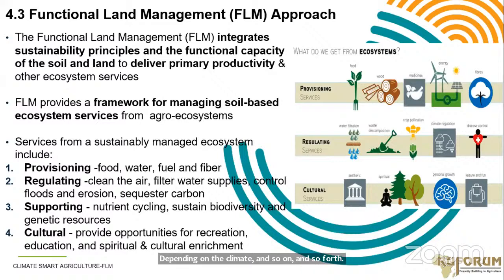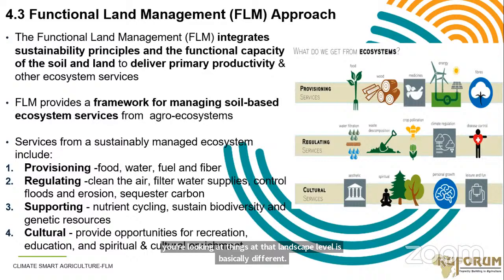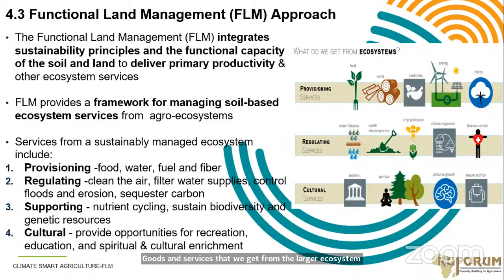So just to emphasize the bit on ecosystem services, what one is interested in when looking at things at the landscape level is the different goods and services that we get from the larger ecosystem, besides producing food at farm level. These are the provisioning services, which include food, water, fuel, and fiber, all these products that you get from the ecosystem.